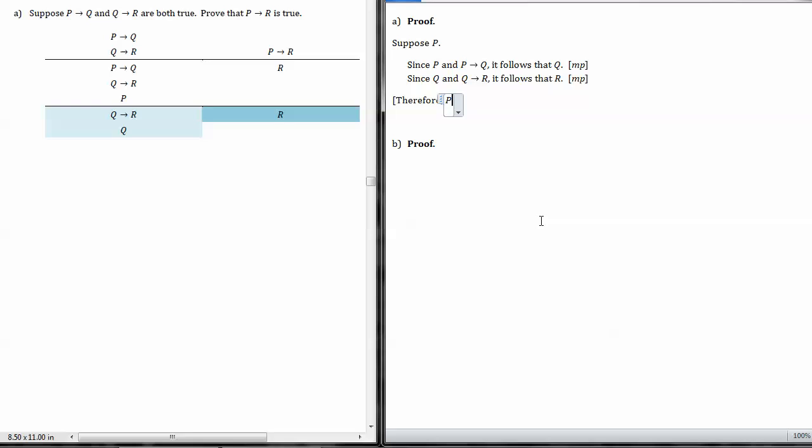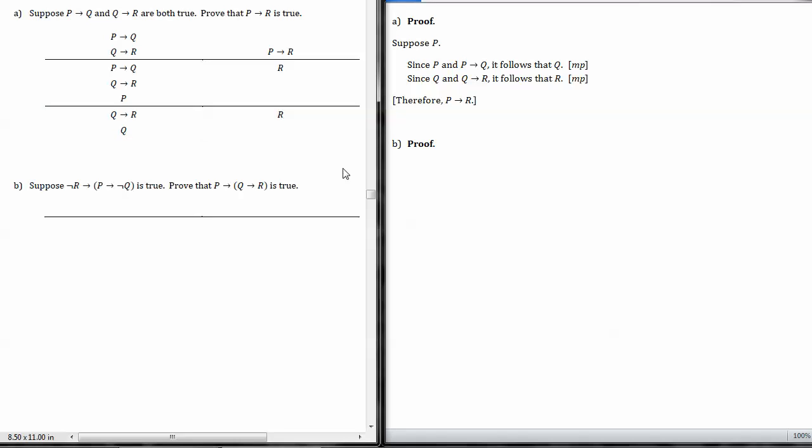Therefore, P implies R. Okay. Now, I've actually broken another rule of proof writing here, which is that you're not supposed to use this logical notation in a proof. The reason I'm making an exception here is because the statement we're proving actually is written in terms of logical notation, so it's okay to use it in the proof here. Normally we'll try to avoid it if possible.